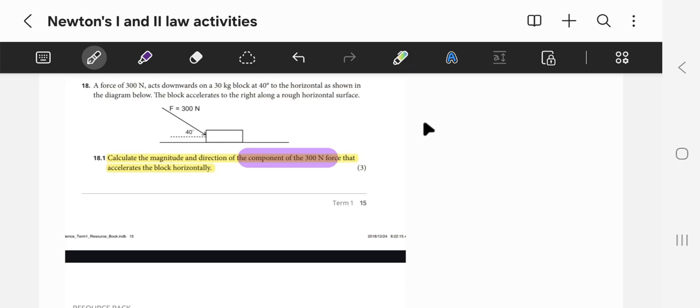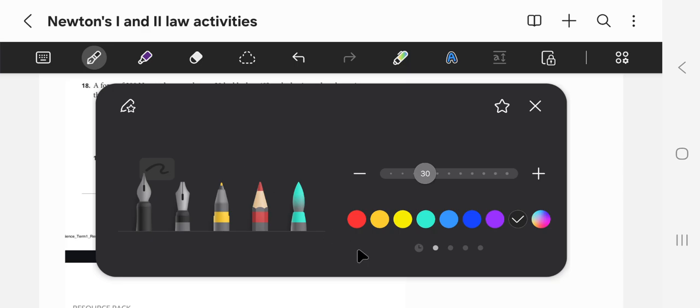Well, we'll remember that if we are looking for the component force, and that component force obviously is the one that's getting this object to move horizontally. Okay, so it's that one that I'm drawing. Maybe I should change my color.